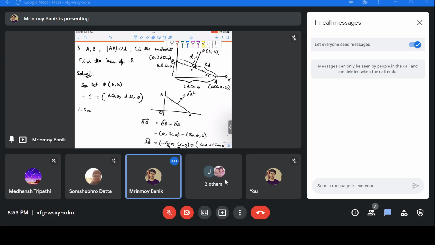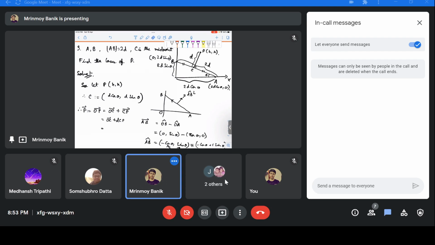Yeah. So P vector is OP vector, which is OC vector plus CP vector.